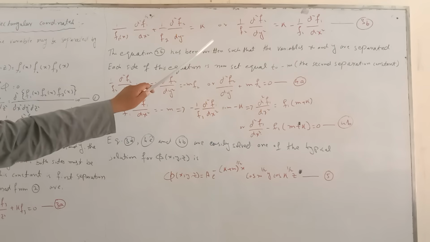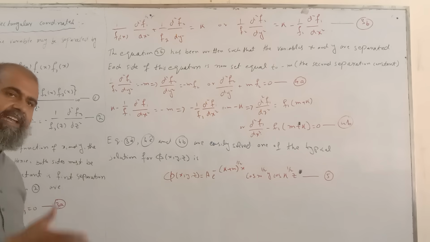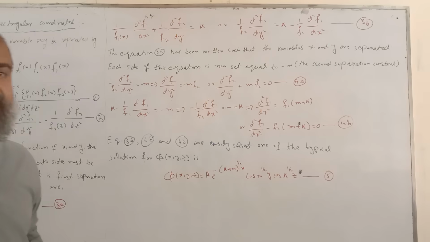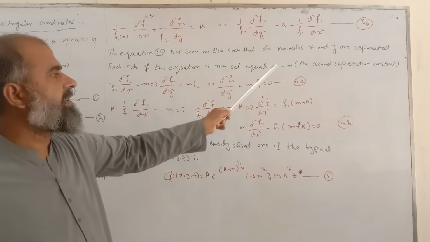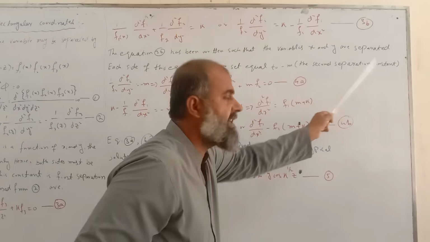It means in this equation x and y have been separated on both sides of the equation. To make it two different equations, one in y and one in x, we will set each side equal to another constant, minus m. It will be called the second separation constant.